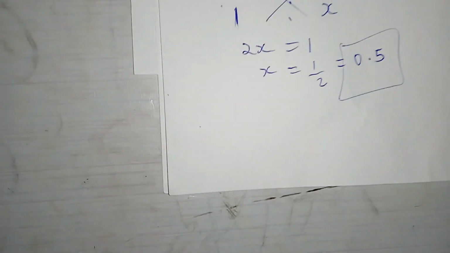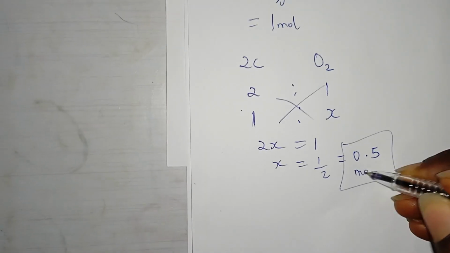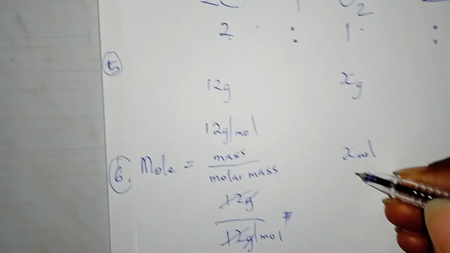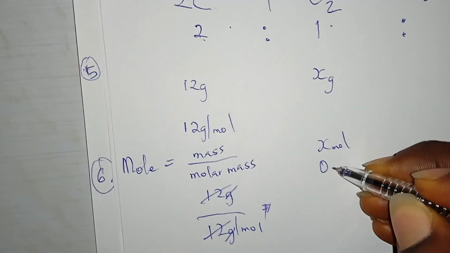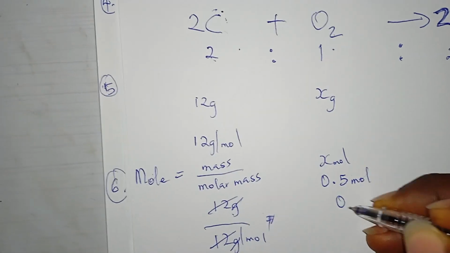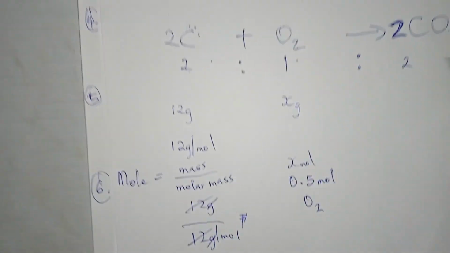That is why you got 0.5 mole for oxygen. So that's the answer: 0.5 mole O2.